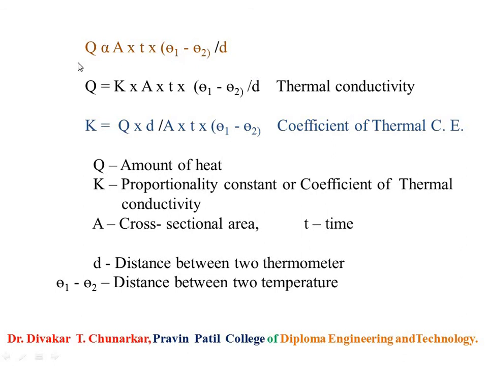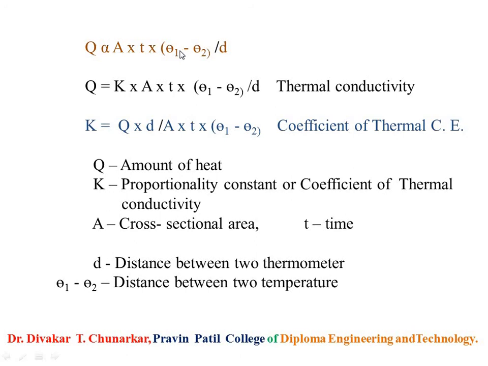Another way we can state this thermal conductivity: when heat energy flows through the rod, the amount of Q is directly proportional to the area of the rod, time t, and the temperature gradient, because theta 1 minus theta 2 upon d is the formula for temperature gradient.